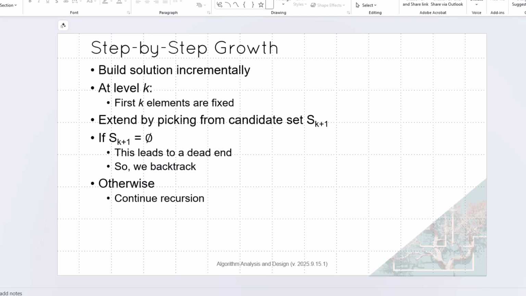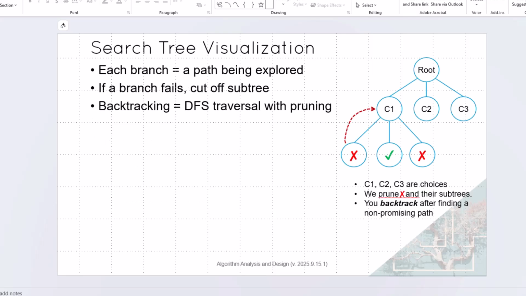You extend by picking from the candidate set S_(K+1), that's what's left. If that set is not the empty set, meaning there are still things we can look at, we continue the recursion. If it's an empty set, it would lead to a dead end, so we would backtrack. If it leads to an infeasible or empty solution, we backtrack.